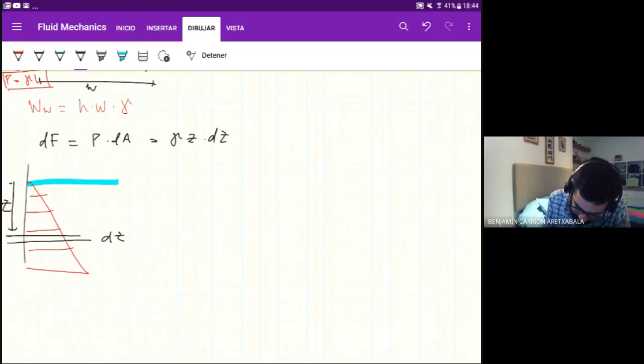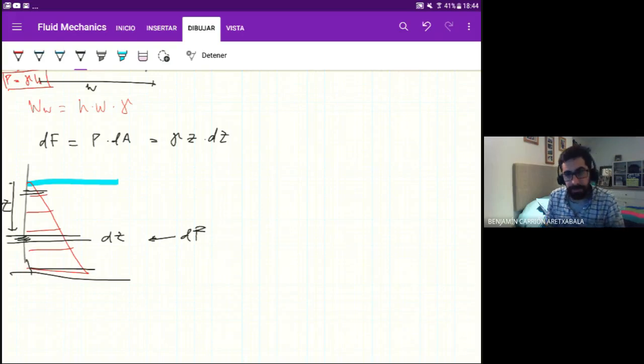Here in this very small layer, we're going to have a delta force applying. You can see that the delta force here is going to be small and the delta force near the bottom is going to be larger. So the total force is going to be the sum of every small contribution.